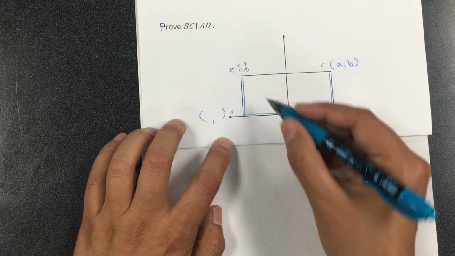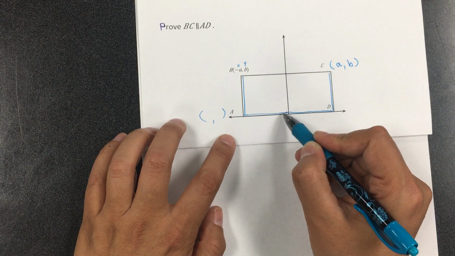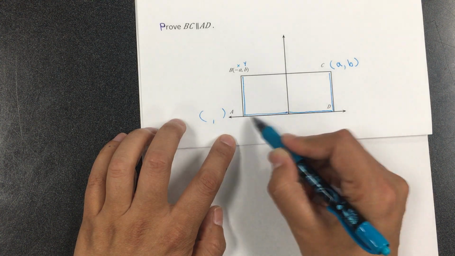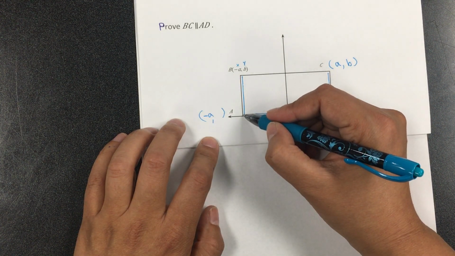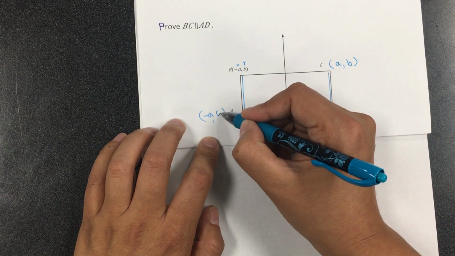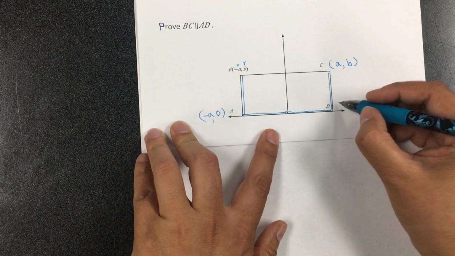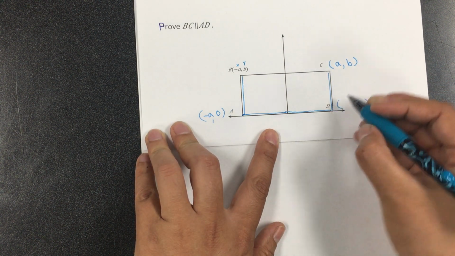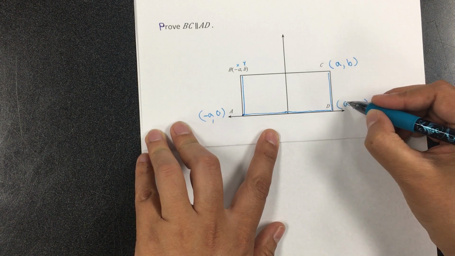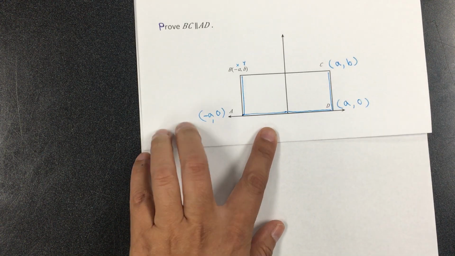For A, to get here, I travel -a because it's the same distance as this one. So -a, but then I don't go up or down, I just stay there, so that's gonna be 0 for y. And for D, you go +a, but then you don't go up or down, so that's 0.